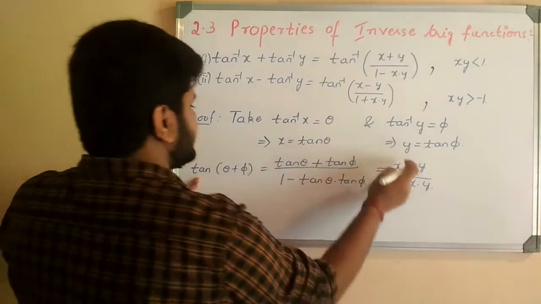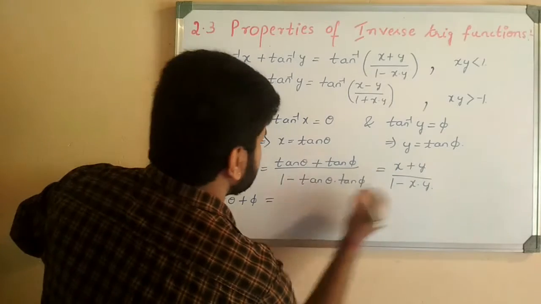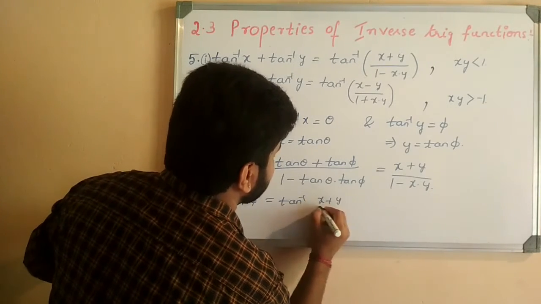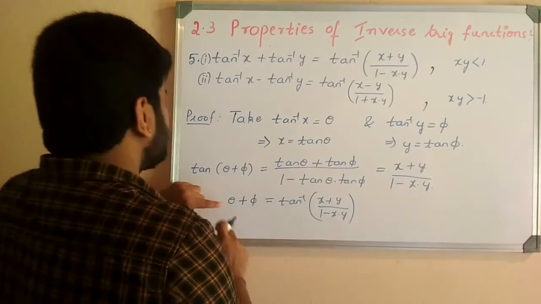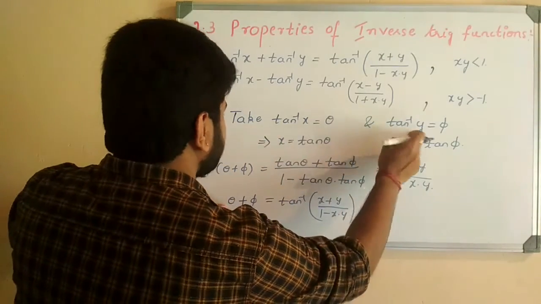So when it goes to that side, theta plus phi is equal to tan inverse of x plus y divided by 1 minus x into y. So here theta and phi can be replaced as tan inverse x and tan inverse y.